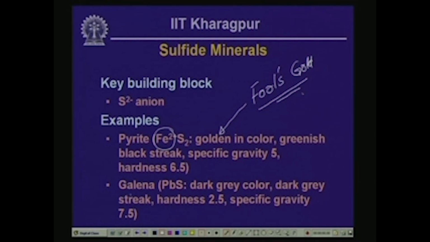By the way, the hardness that I am talking about in this lesson is on the Mohs scale, which we discussed in the previous lesson. Galena, on the other hand, has a dark grey color, dark grey streak, a hardness of 2.5 and specific gravity of 7.5.